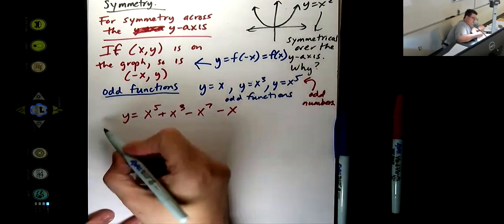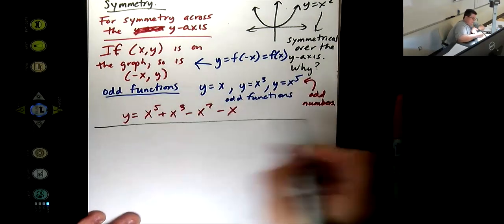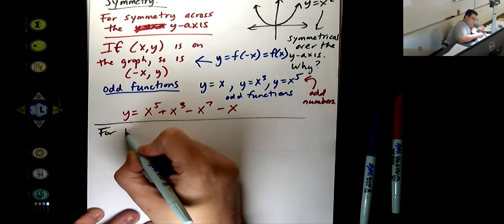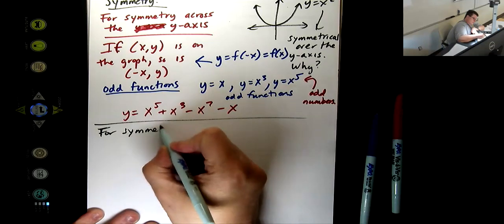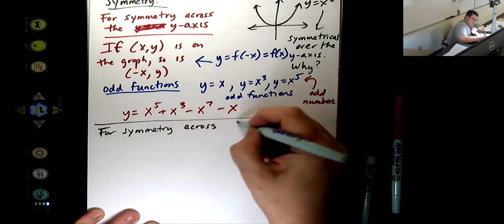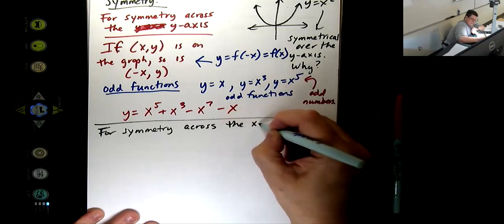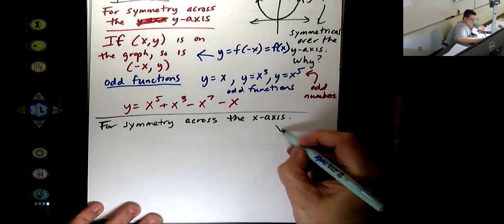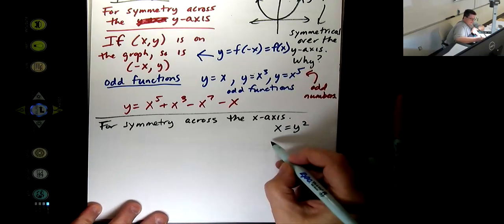And then for symmetry across the x-axis. X equals y squared is an example of this.